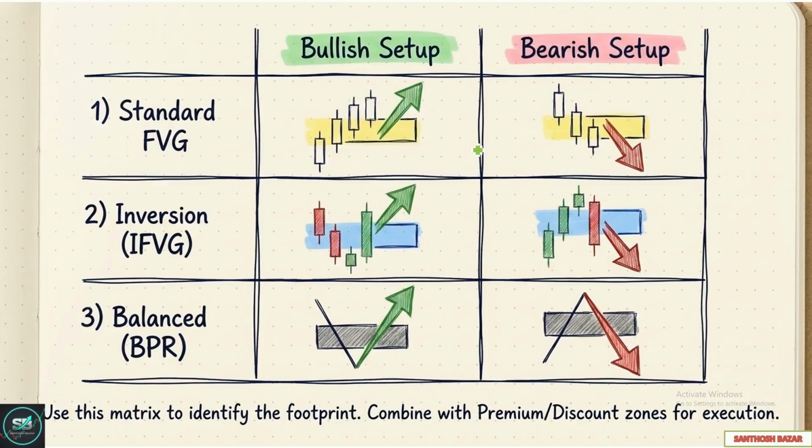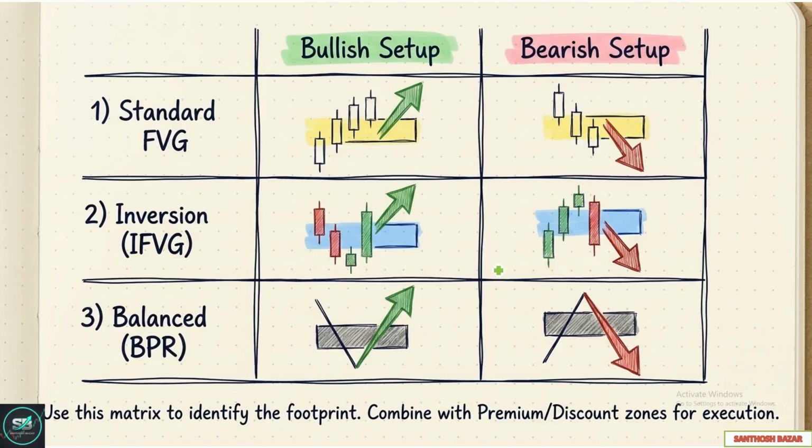So this table is a cheat sheet for you. Three setup types, a bullish and bearish version of each. Standard FVG, a basic three candle gap; inversion FVG, a filled gap that flipped; and the balanced BPR, two overlapping gaps. Combine any of these with the premium discount filter, whatever we have discussed previously, and you have the complete entry framework here.